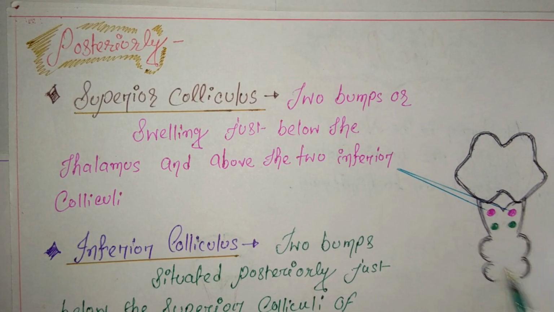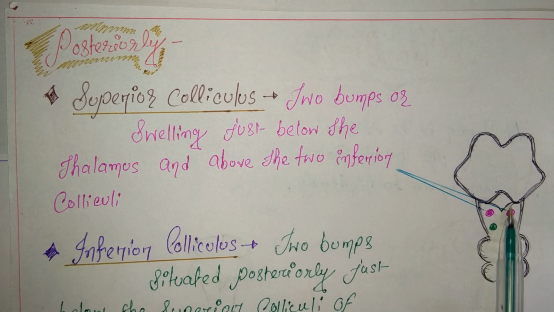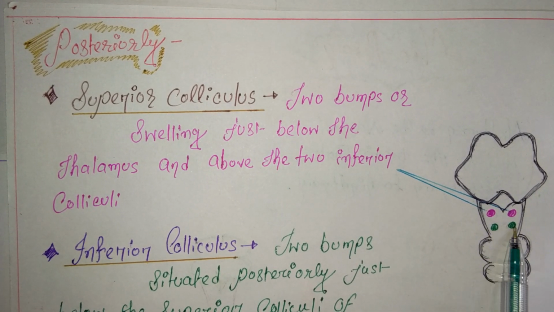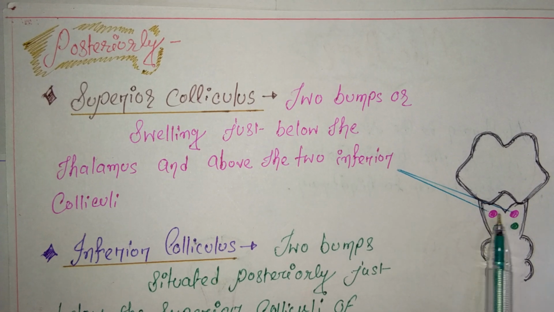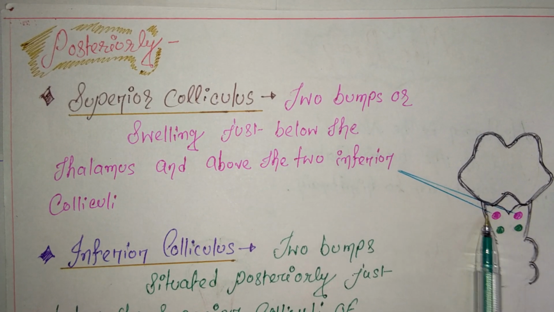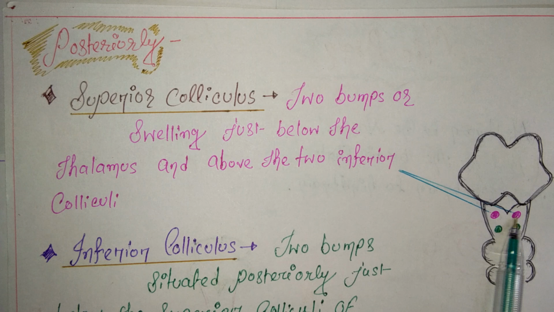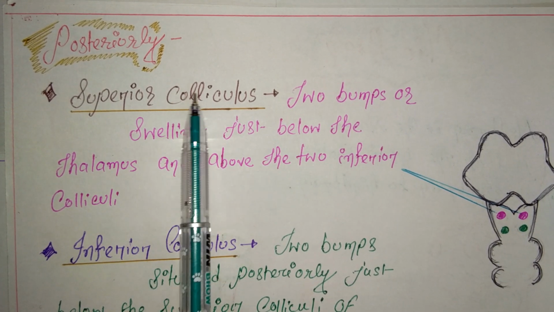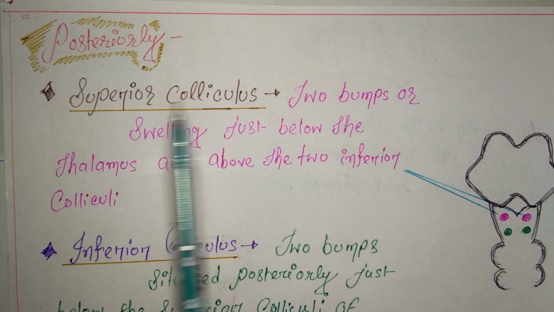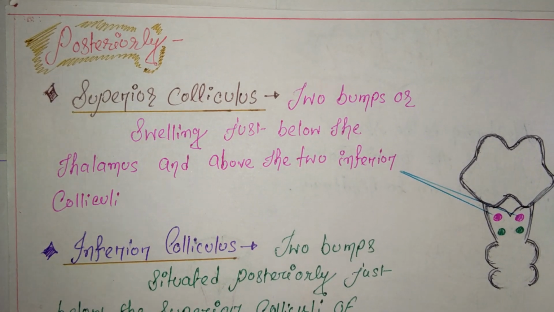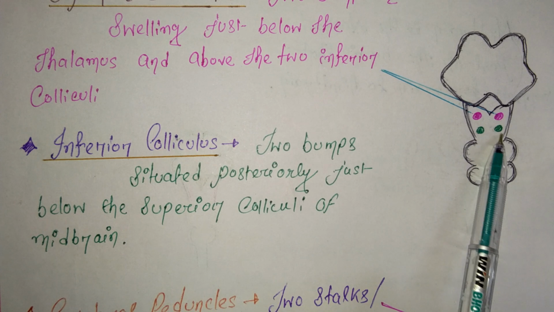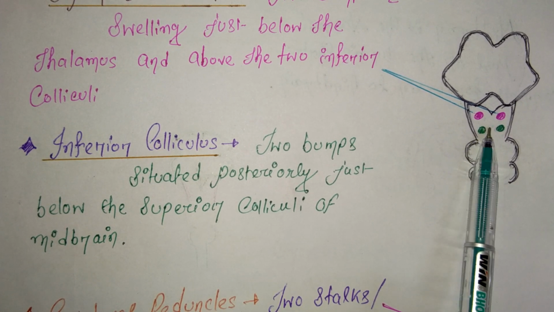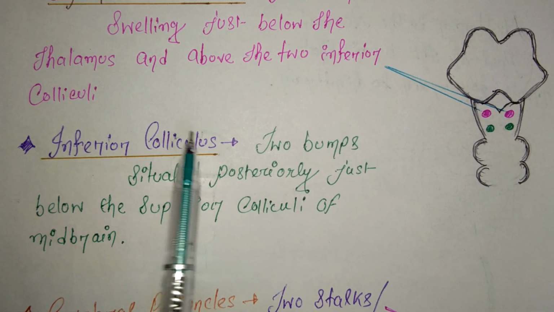You can see from the back two swellings, four swellings actually, two pairs of swellings. The superior two bumps are called superior colliculus, and the inferior two bumps are called inferior colliculus.